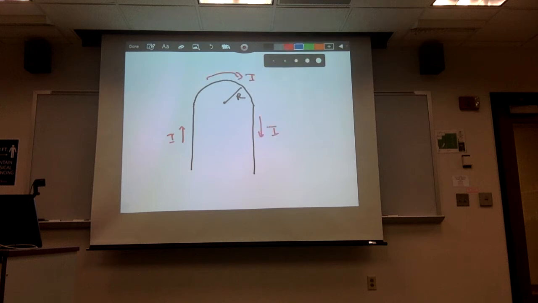And then I'm told this is in an external magnetic field pointing into the board, or into the page. So this is my magnetic field, and we're told that it is simply uniform, so it's constant everywhere throughout space.